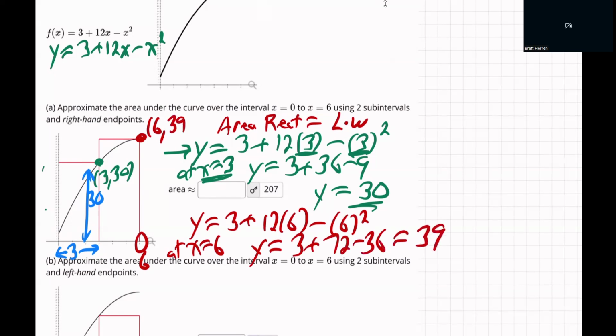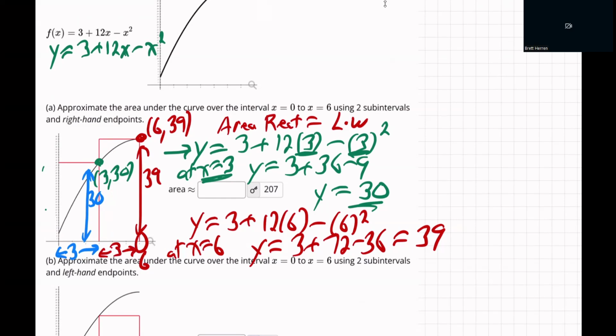So this is 39. This thing is 39 tall and again 3 wide, because it went from 3 to 6.